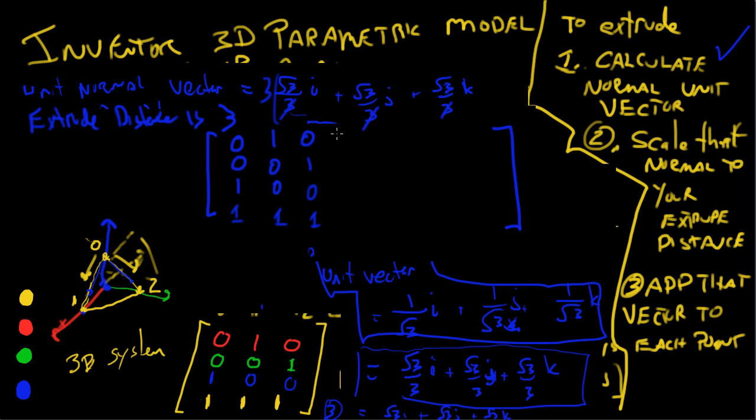So now we're looking at points. If we add that, it's going to be 1 plus the square root of 3, and 1 plus the square root of 3, and this is 2 plus the square root of 3. Remember, we're adding it to that. And now this is 2 plus the square root of 3, and 1 plus the square root of 3, and 1 plus the square root of 3.